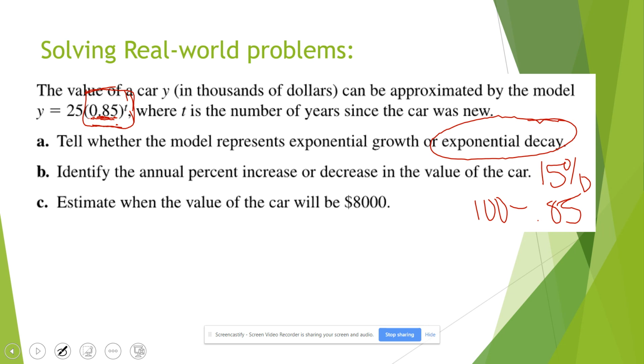So estimate when the value of the car will be $8,000. And so here's what we'll do. We have 25 times 0.85.